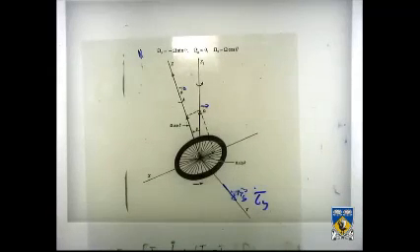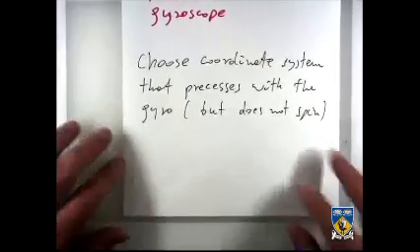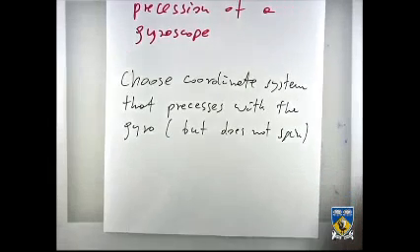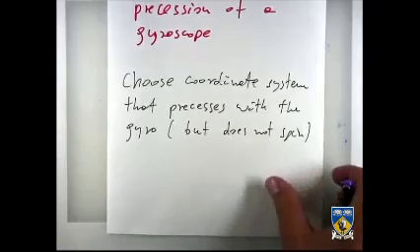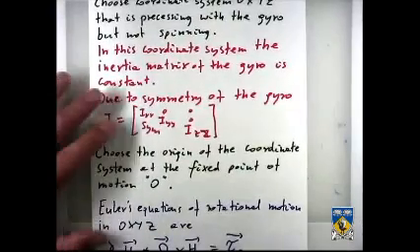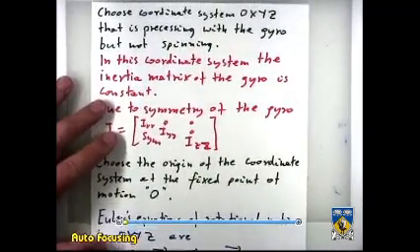I am displaying this for the record: choose a coordinate system that precesses with the gyro but does not spin. And I am displaying this one for the record too.